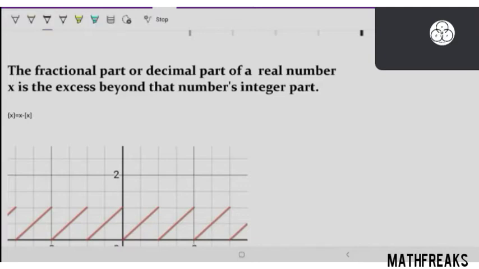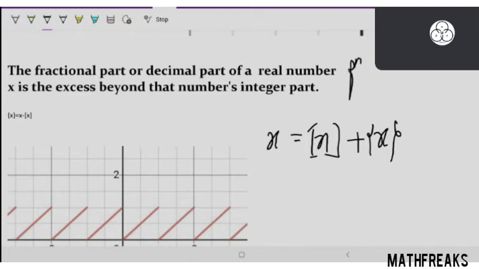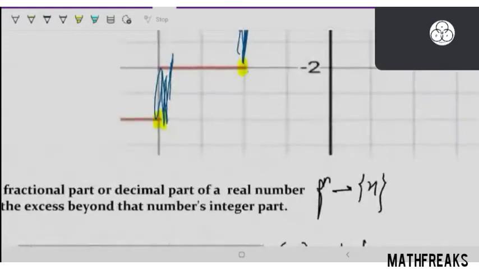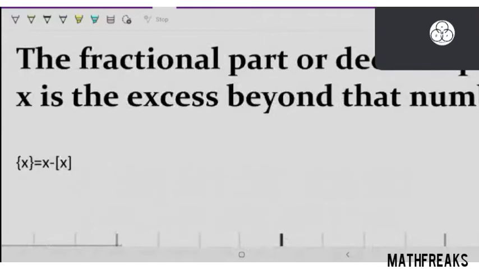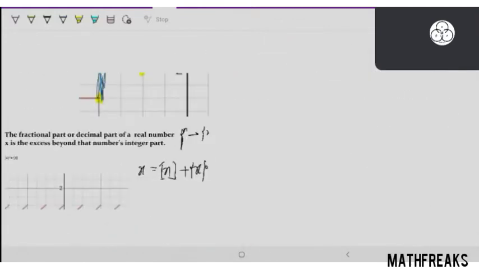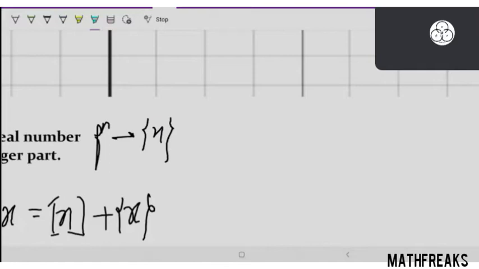Let us define it more properly. We have seen that x is equal to box x plus curly x. This function is denoted by this symbol. It's not visible, right? This symbol.